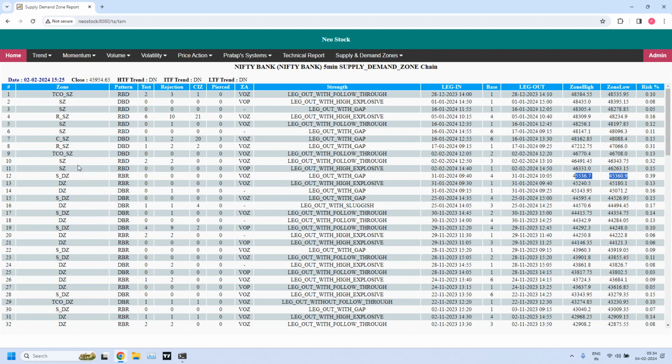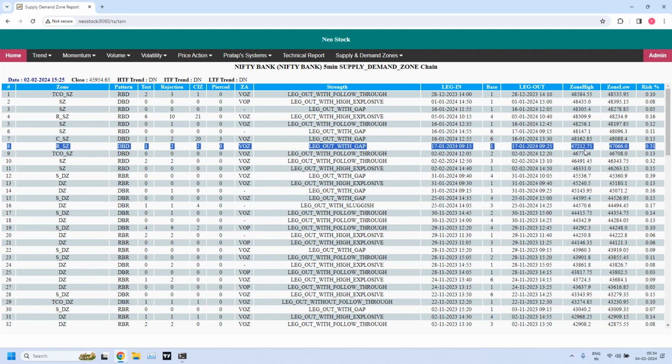What is the next available high liquidity supply zone? The 8th one, R_SZ. Already tested once, 2 rejections. The 8th one, that is 47,212 to 47,666.